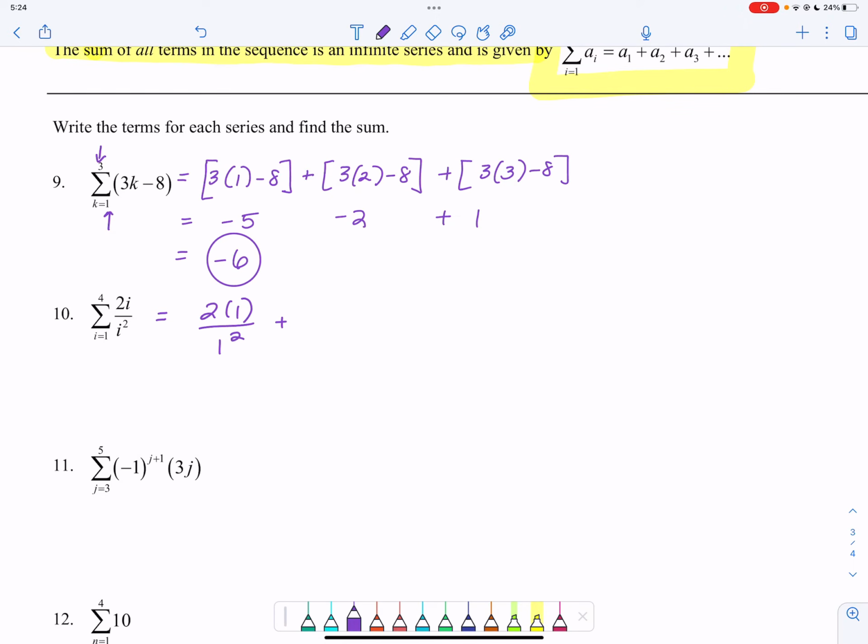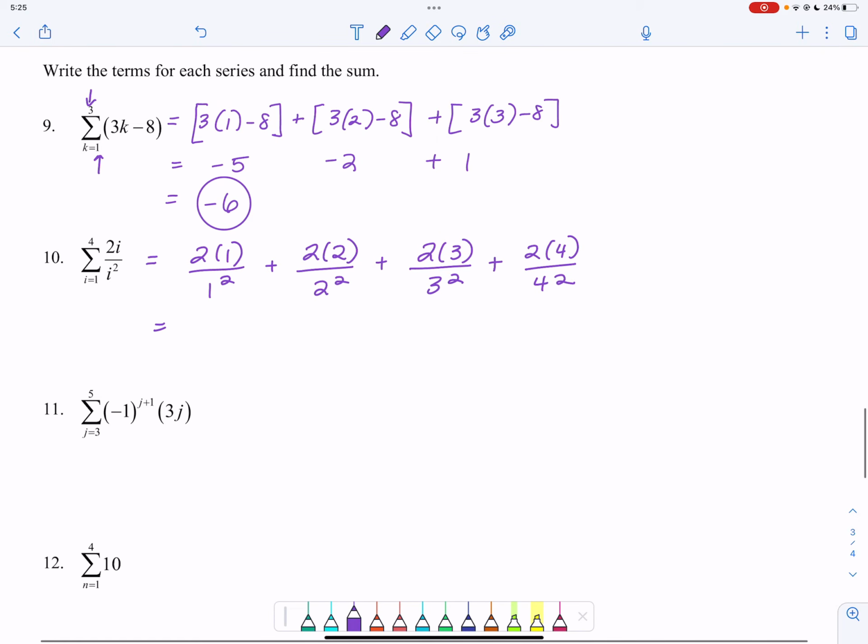So here we have 2 times 2 divided by 2 squared. 2 times 3 divided by 3 squared. And now finally we're at I equal to 4, which is 2 times 4 divided by 4 squared. And you can put that in your calculator if you'd like, or check this. And I came up with 25/6.